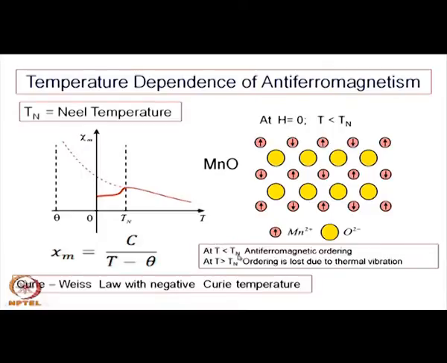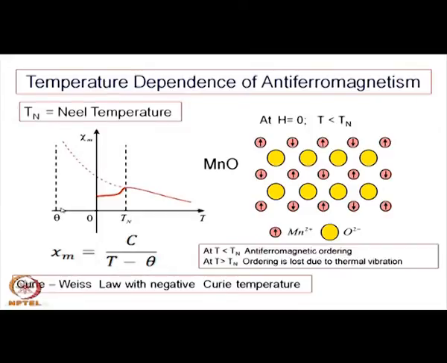And there is a temperature called the Néel temperature. Antiferromagnetic ordering takes place at a temperature below the Néel temperature. This is the Néel temperature, and the ordering is lost due to thermal vibration at temperatures greater than Tn. So, very similar to Tc in ferromagnetic material, the Curie temperature, you have a Néel temperature, and the temperature dependence can be expressed as C by T minus theta.